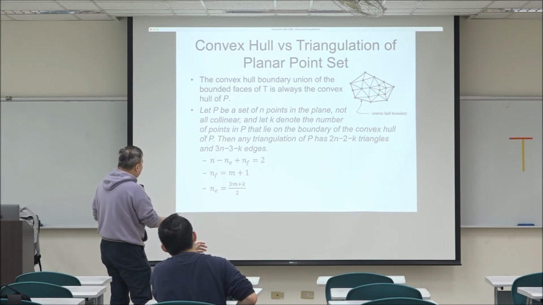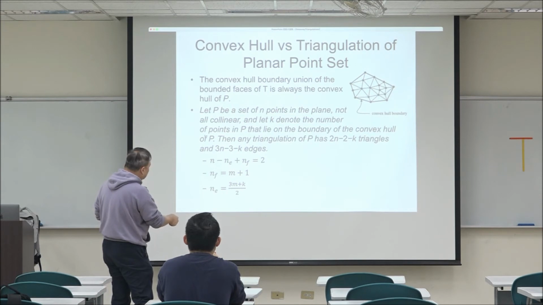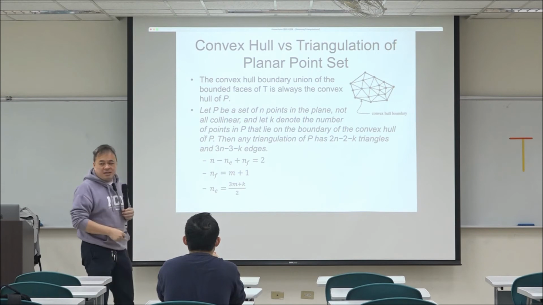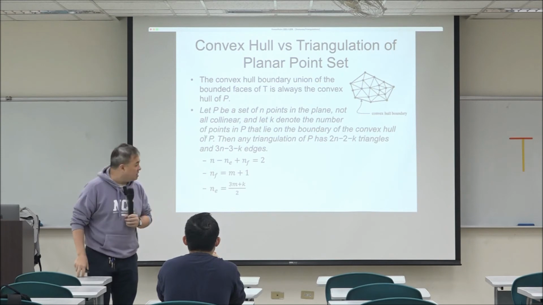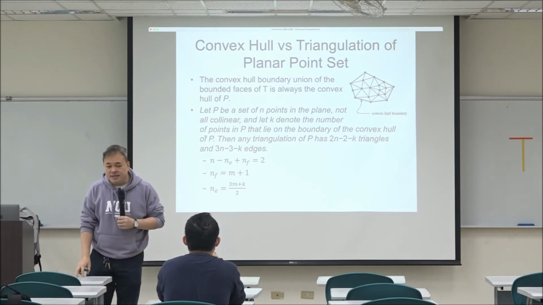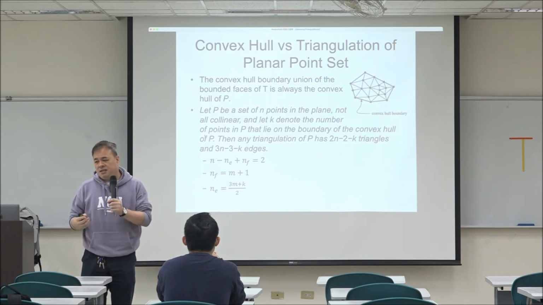So we plug in n plus 1 in this formula, and 3n plus k divided by 2 in this formula. Then we will only have n and m after you plug in the nf and ne, and you can easily obtain the relationship between n and m.